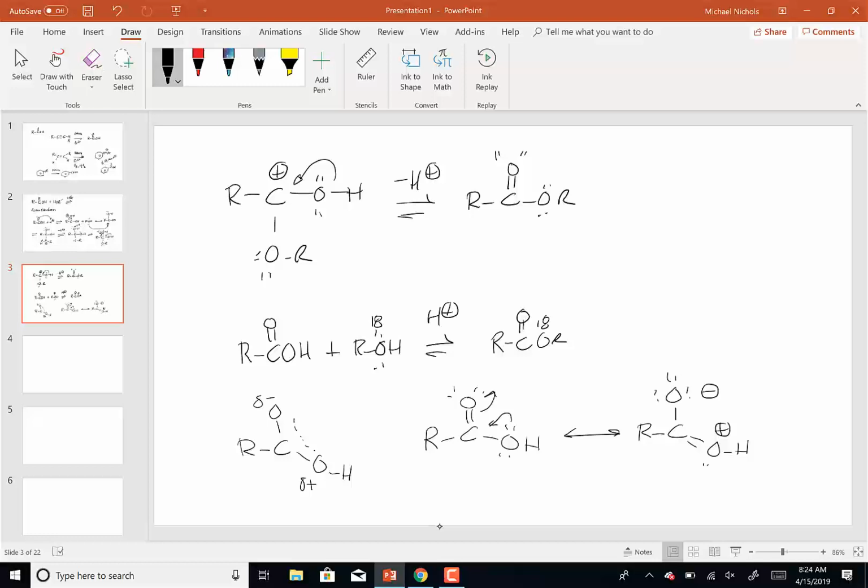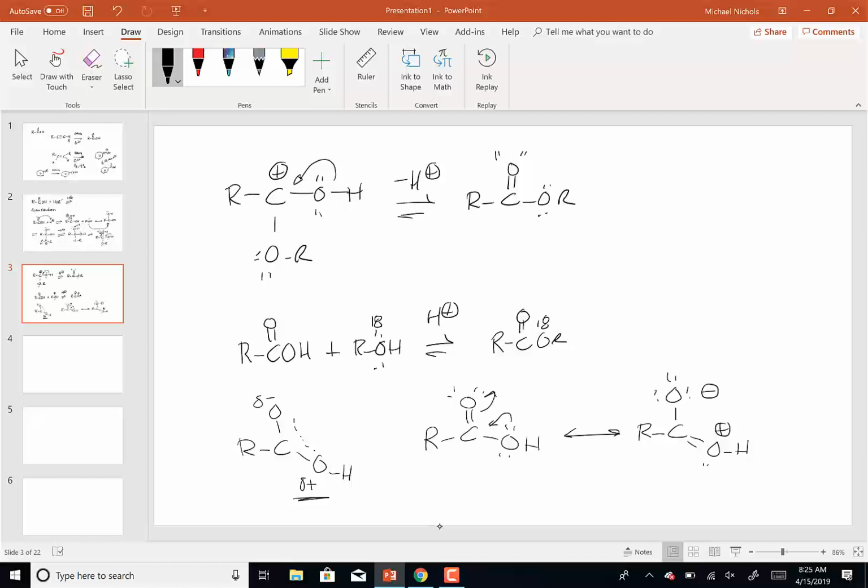So there is a little bit of a positive charge on that oxygen, which means that if I'm going to add H+, I'm going to add H+ exclusively to the carbonyl oxygen, because that oxygen's not going to want to bond to H+. Okay.